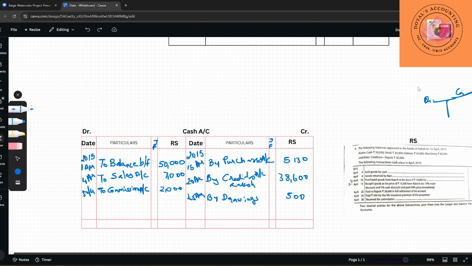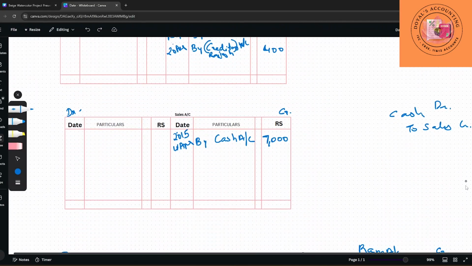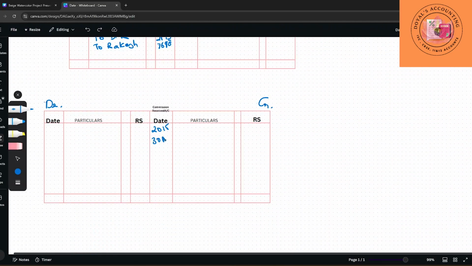Let's go to commission account. I will write by cash account 2000. Because the journal entry was cash account debit to commission received. Commission received will be on the credit side. So I will record the transaction also on the credit side. Now we have recorded all the journal entries in the accounts.